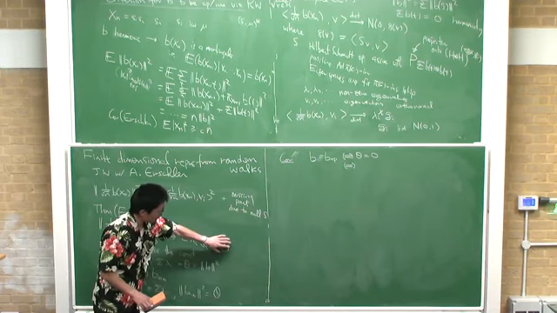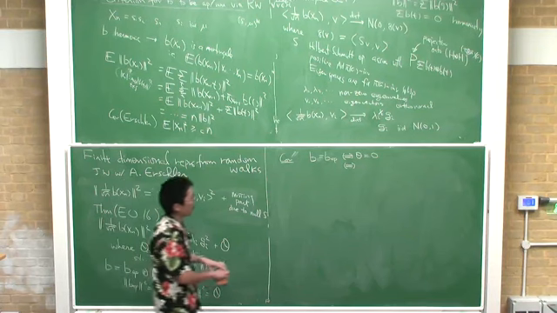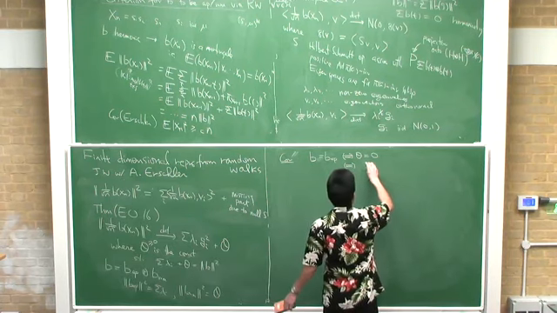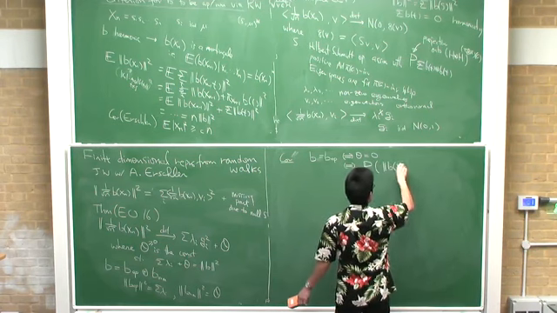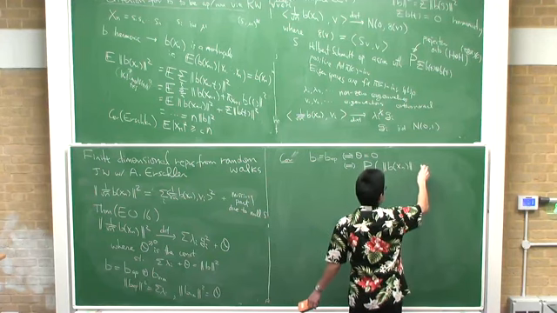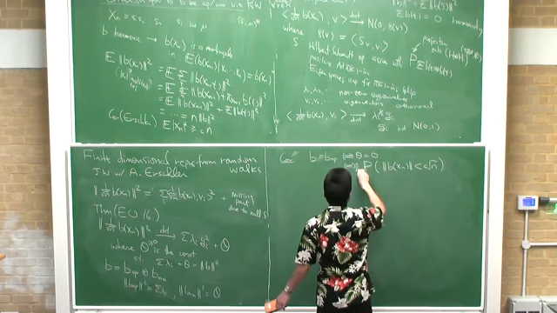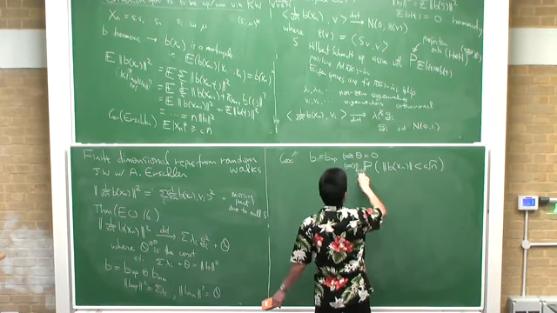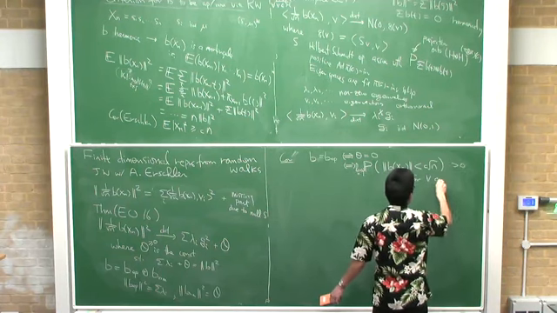So if theta is 0, then it can take very small values: the limit of the probability that d_xn is less than c square root n is greater than 0 for any small c.